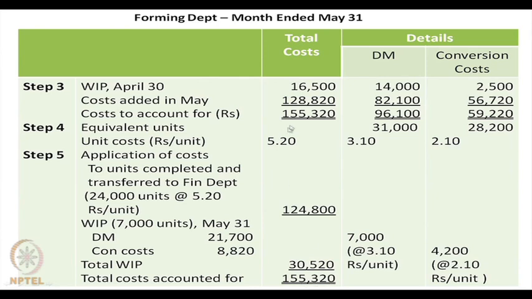So, the costs to account for have been accounted for in this manner: the cost that is transferred or charged to the finishing department is 124,800 and charged to the work in process account is 30,520.